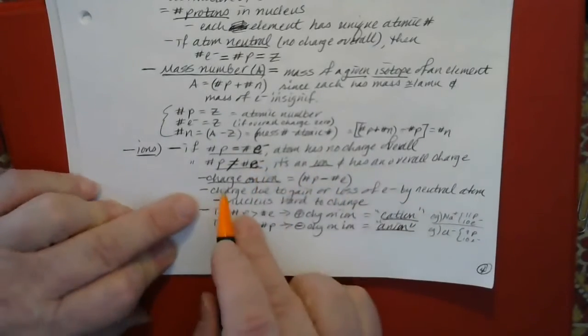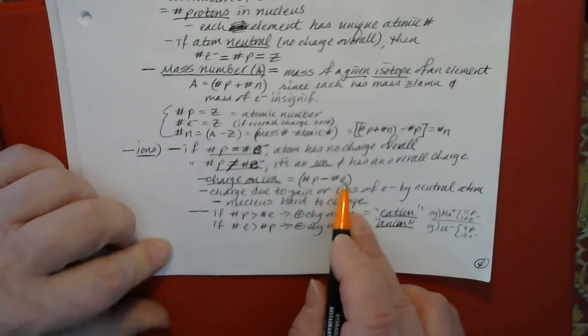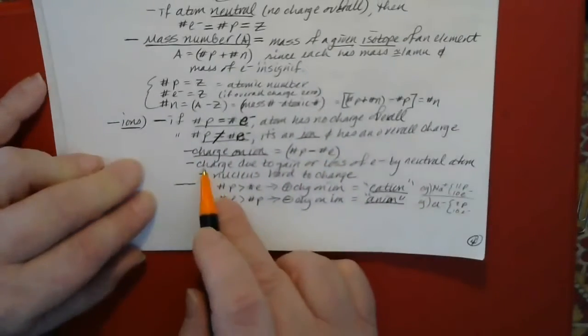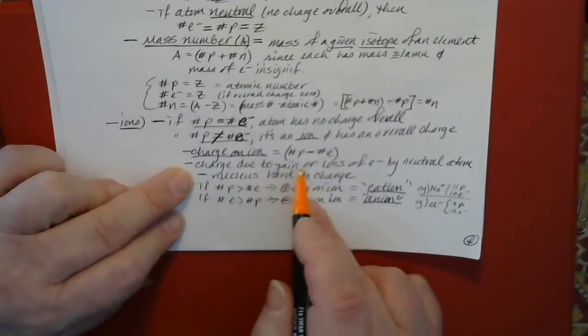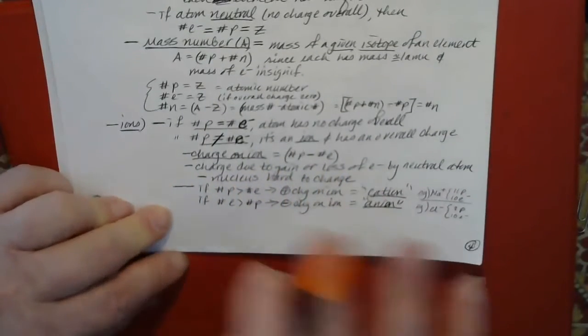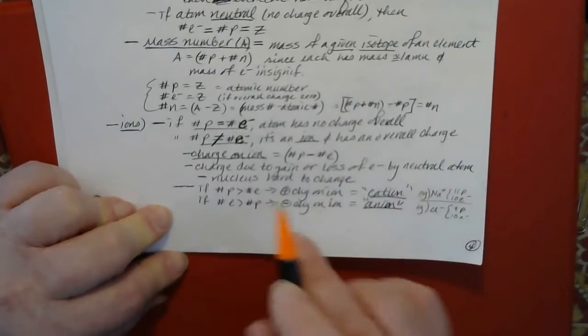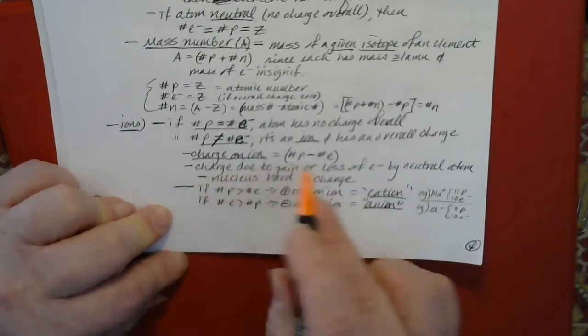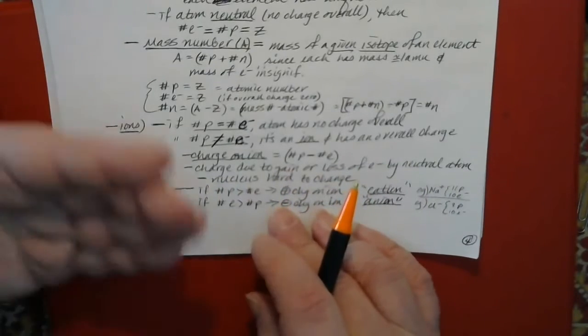The charge on an ion can be given by the number of protons minus the number of electrons. And the charge will be due either to gain or loss of electrons from outside the nucleus by a neutral atom. And ions are always formed by gain or loss of electrons.